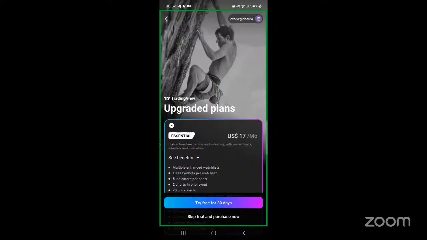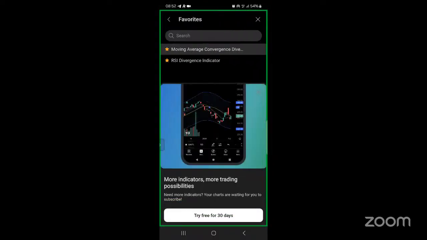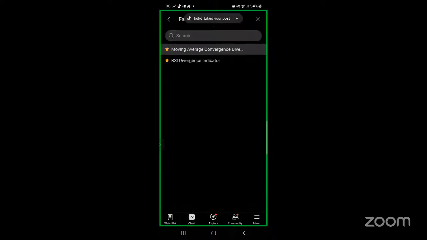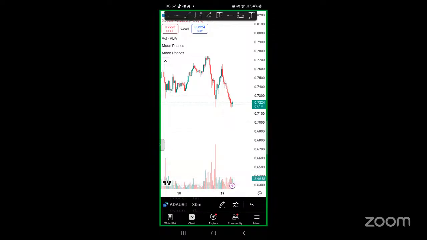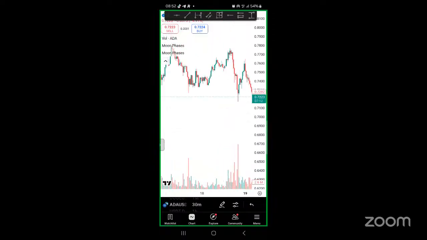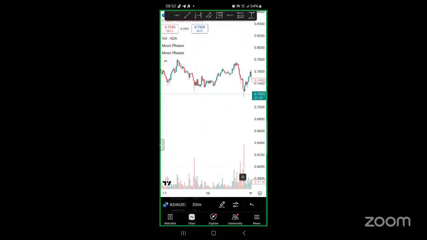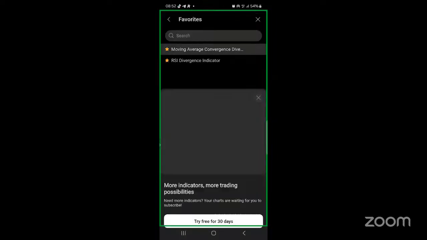Come on, come on. Don't tell me. They want me to pay. She's saying that I don't have my money now. They want me to pay to bring the indicator on the chart.